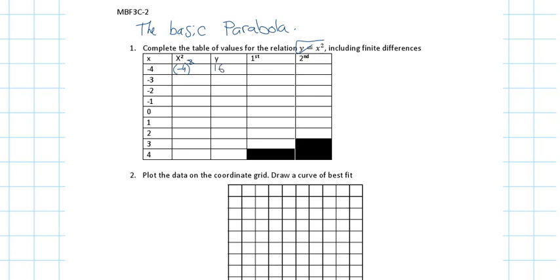How about -3 squared? -2 squared. -1 squared. 0 squared. 1 squared. 2 squared. 3 squared. And 4 squared. So all I did right now is plug the x values into my equation.